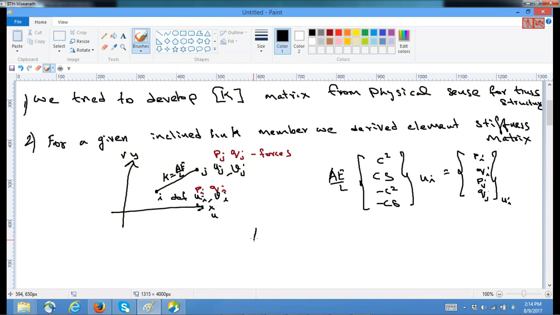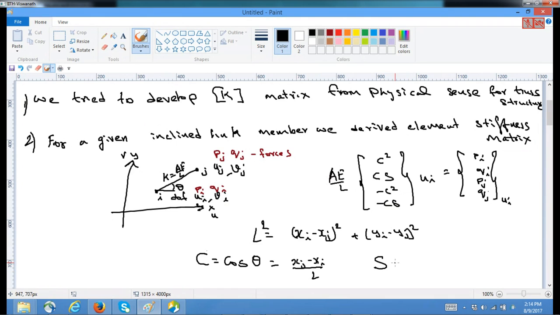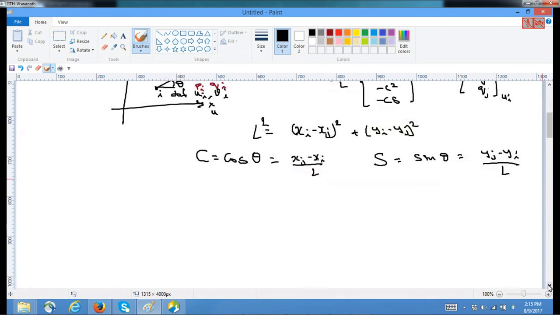Our length square is defined as (xi minus xj) whole square plus (yi minus yj) whole square, and our theta, which is this angle theta, has cosine of theta, which I call simply c, equal to (xj minus xi) divided by L. Similarly, sine, which I define as s, is given by (yj minus yi) divided by L. Based on this, I can also apply a unit vi and see what the force fields are to keep it in equilibrium.